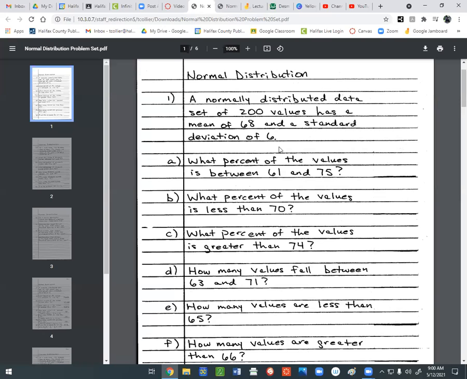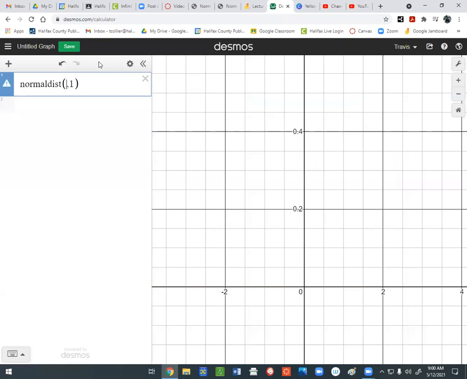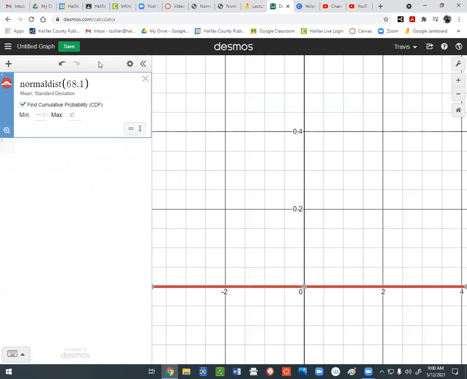So now I'm going to go back to Desmos. For the mean right here, I'm going to get rid of the 0 and type in 68. Why is it 0.1? 1 down here. You just keep it with 1 no matter what.